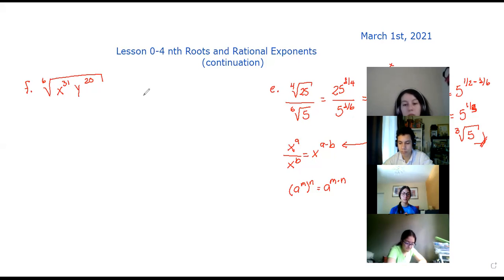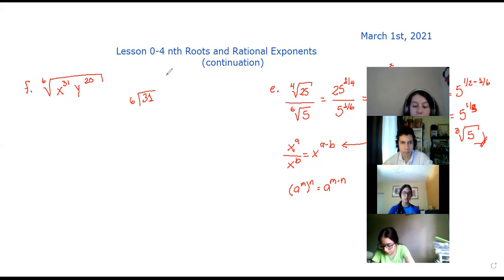31 divided by 6, okay, is how much? Let's see. 5.1. Okay, but I want the remainders as whole numbers, not as decimals. That will be 5 remainder 1.